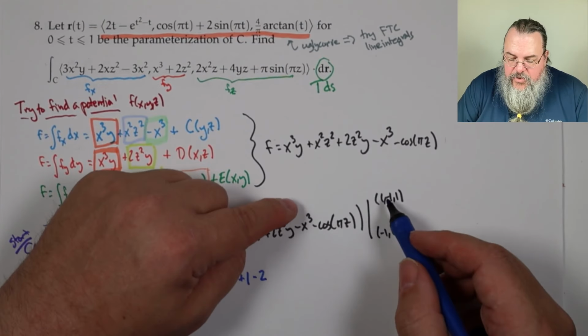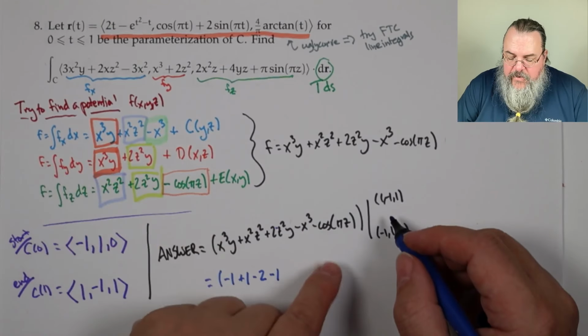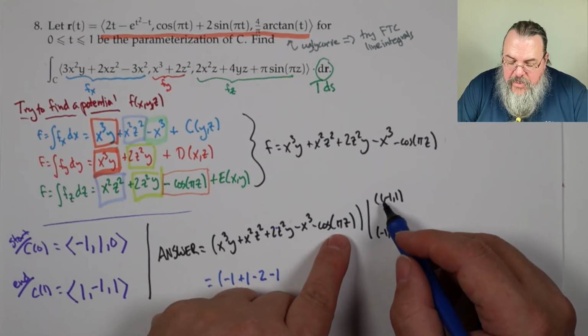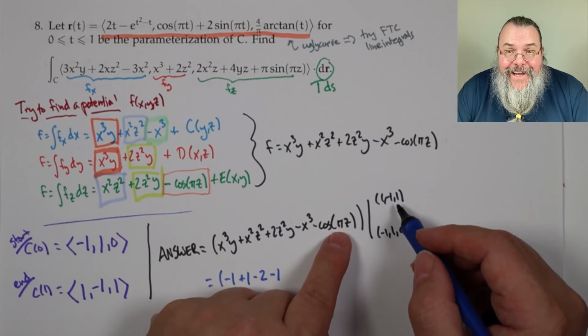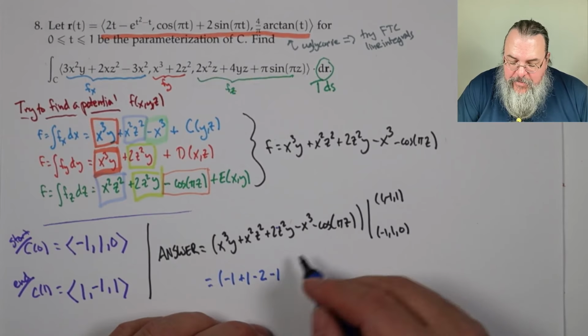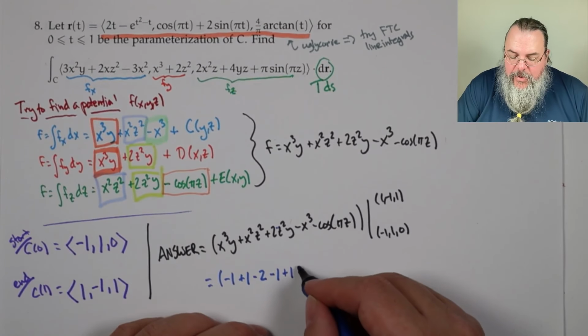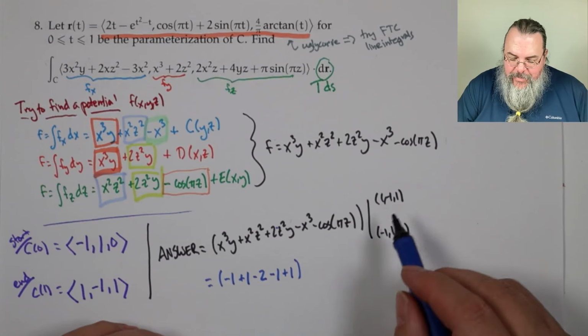Then we're going to subtract 1 cubed, so that's a minus 1. Then we're going to subtract a cosine of pi. Well, what is cosine of pi? Cosine of pi is minus 1. So we're subtracting minus 1, which becomes a plus 1. Okay, so that's what happens when we plug in (1, -1, 1).